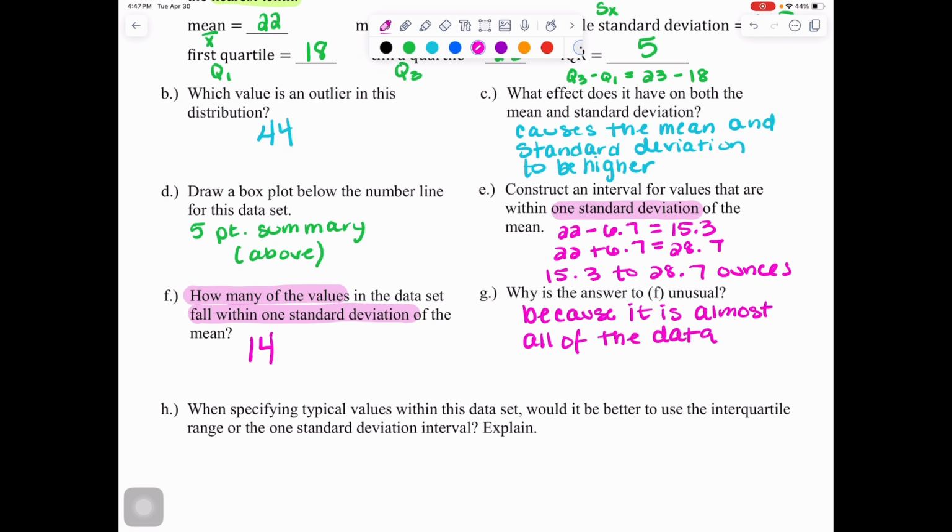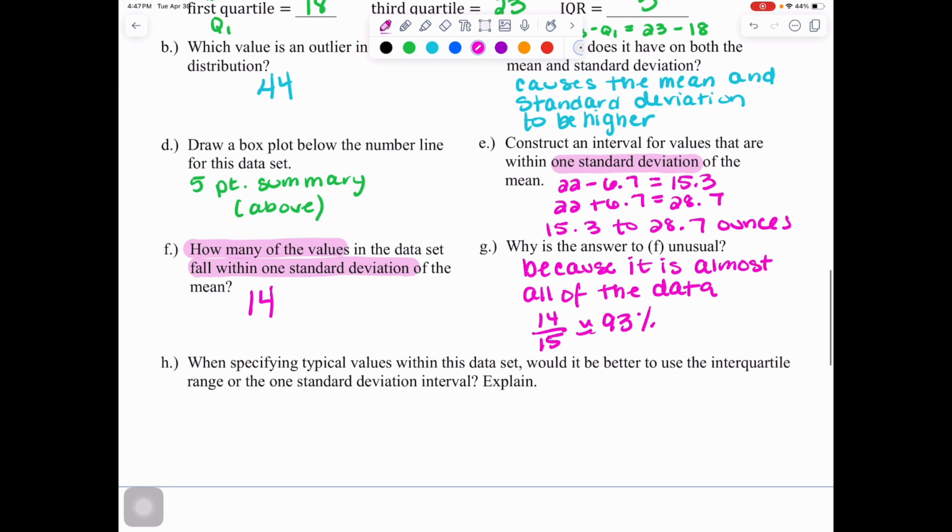So if we were to actually make that fraction and turn it into a percentage, we'd have 14 over 15. And if you divide that on your calculator and times by 100, that's approximately 93% of the data. So that's unusual.